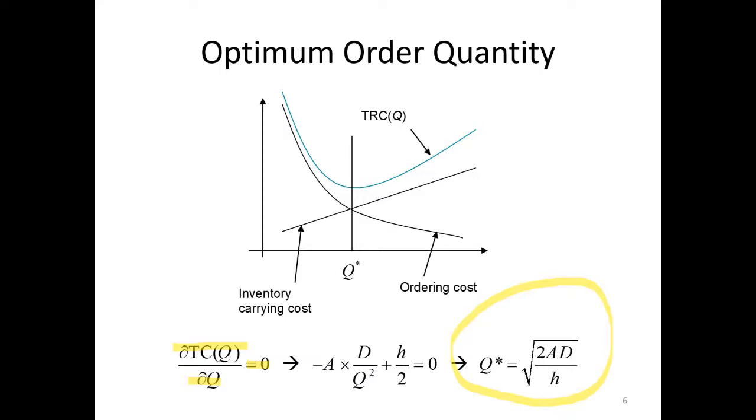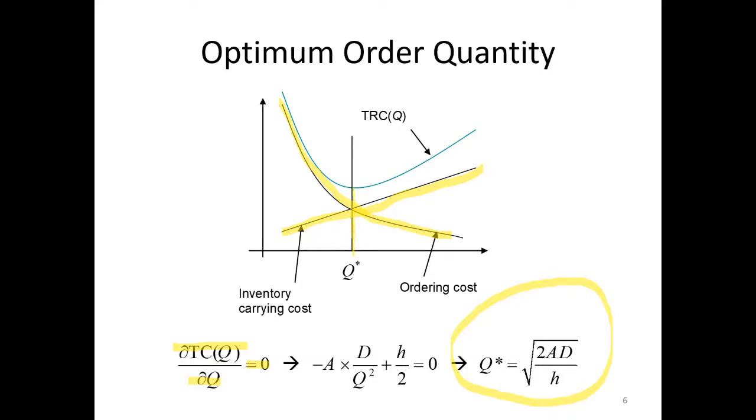And as a graphical representation of these relationships, as you can see here, we have two terms for the total relevant cost. The first one is the inventory carrying cost, which is a linear function. The other term is the ordering cost, which is a nonlinear term. When these two terms are equal, you will get the value of Q star.